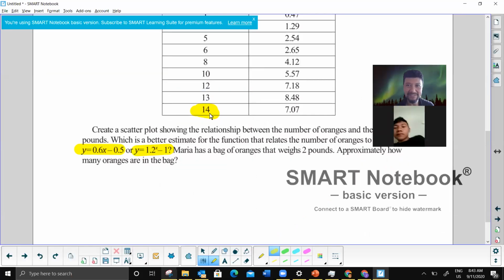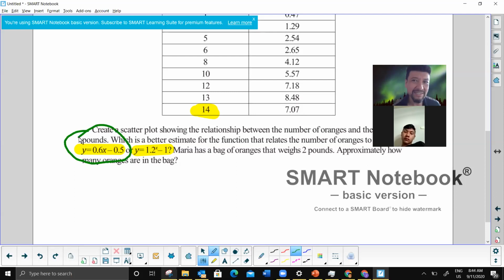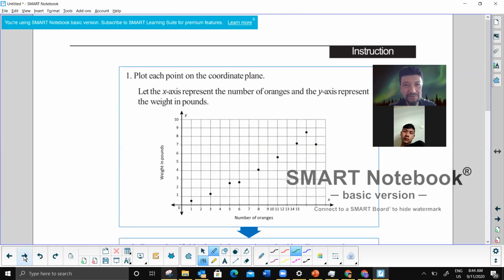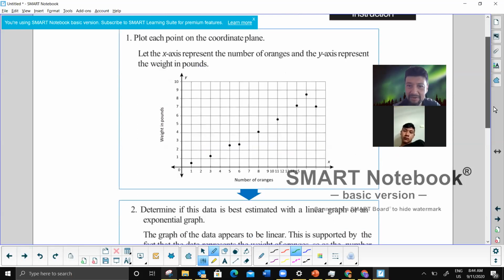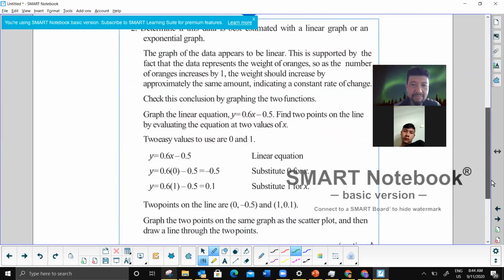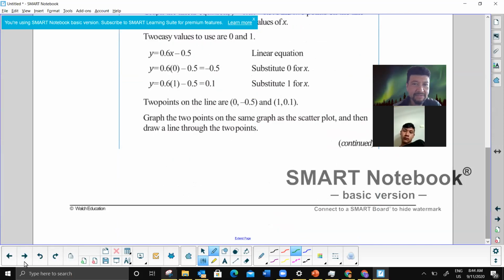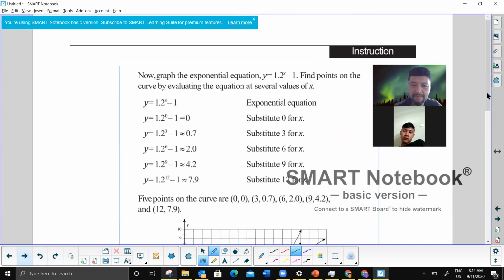Which one is better, Marcus, now looking at it? Probably the first one. I agree with you. Yeah, the first one, especially looking at the data. And I'm imagining that's what these next slides are going to tell us, that the first one's probably a better choice. So they show the plot. They go ahead and start graphing some of the points.